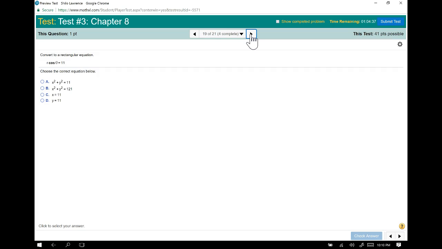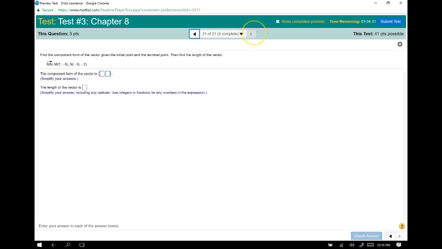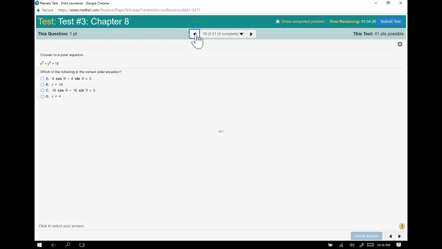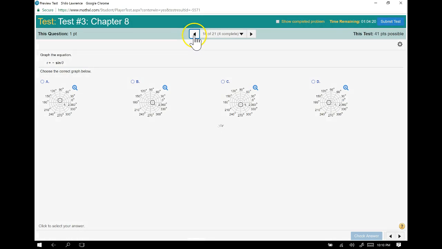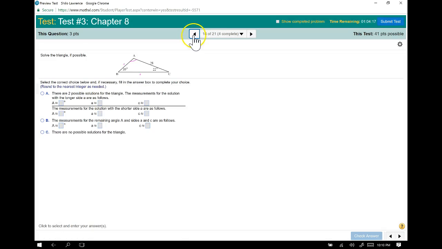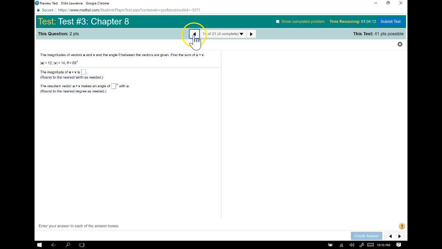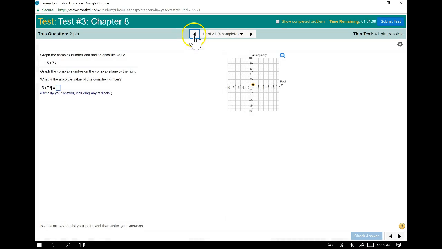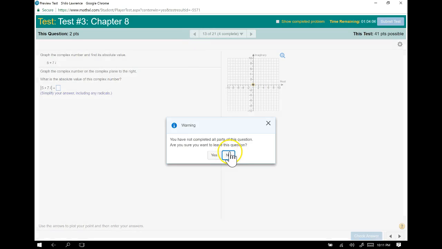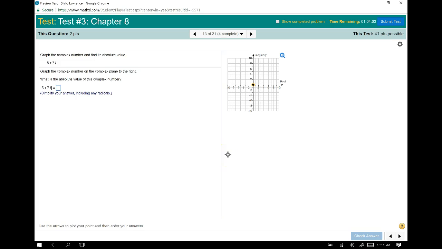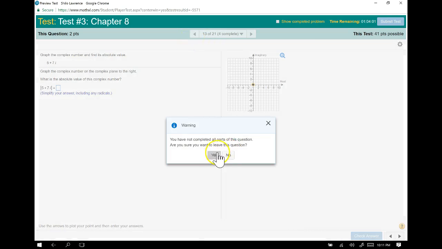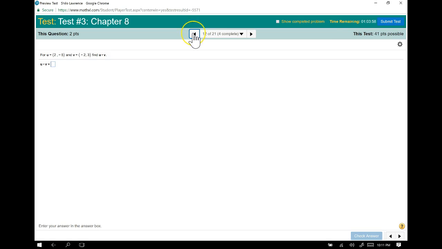Convert the rectangular equation, and I can show you how to do that. Convert. Find the component form. No, it does not look like any of these application problems have bearings in them. None of them. So there's only 2 or 3 vector application problems, and they're all really straightforward. No tricks whatsoever. Not even really application problems, really just computation problems.